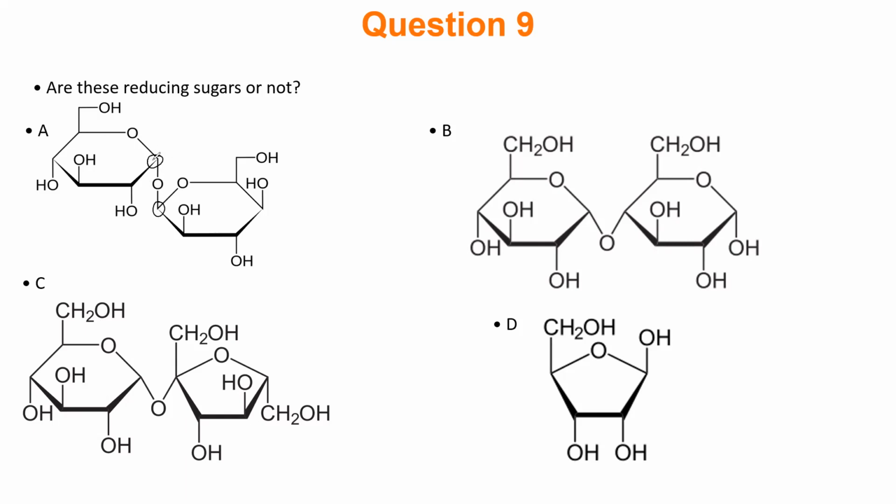If both anomeric carbons are in a glycosidic bond, which they are here, they are bonded together, this is a non-reducing sugar. So again, take a couple minutes, figure out B, C, and D. Determine if these are reducing or non-reducing sugars. And I'll be back to discuss in a few.